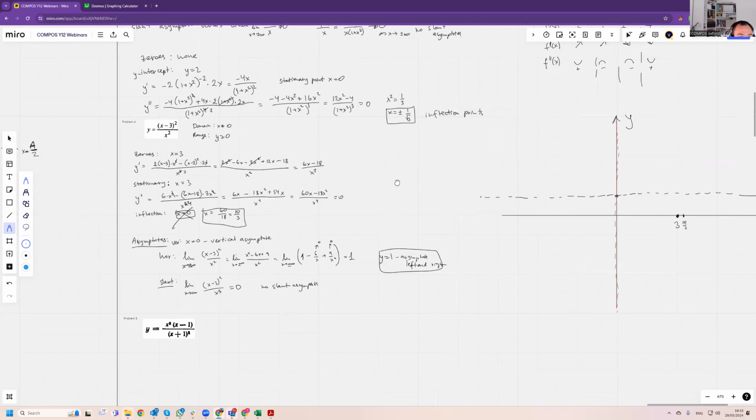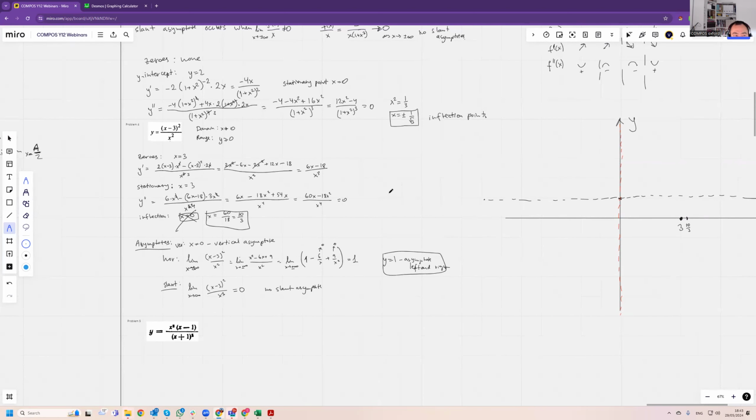What is the value? 10/3 minus 3 is 1/3, squared, divided by 10/3 squared, gives 1 over 100, wait, 10 divided by 81, so it's really close to 0 here.